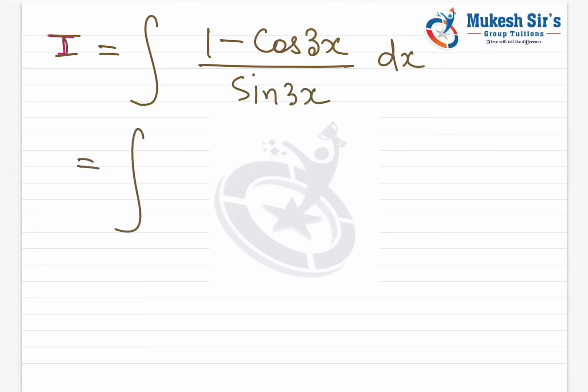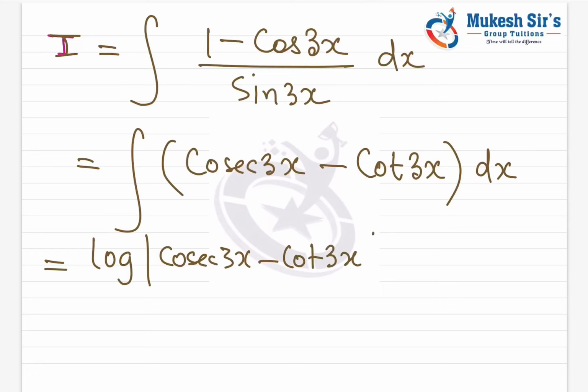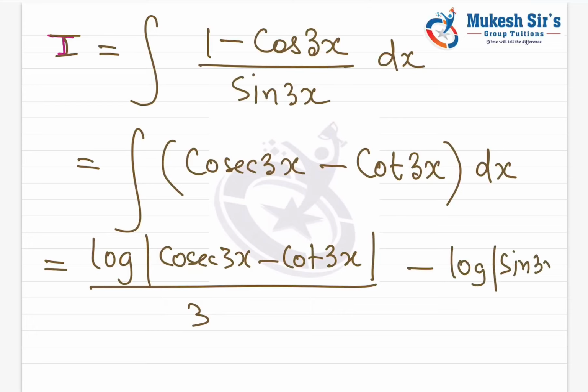So now when you separate them, 1 upon sin becomes cosec 3x minus cot 3x the whole dx. Now here there is 3x. The formula for cosec is log of mod of cosec 3x minus cot 3x the whole upon 3, minus the integration of cot. The integration of cot is log of mod of sin 3x, and divide the answer by the coefficient of x.